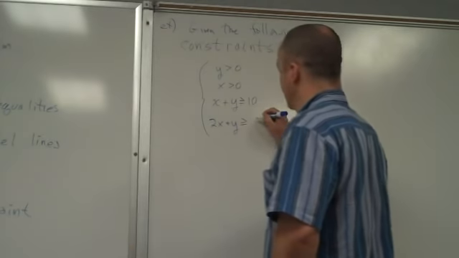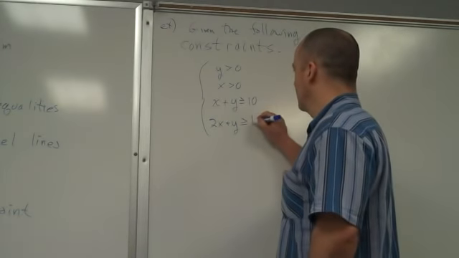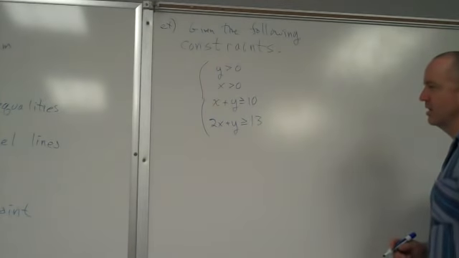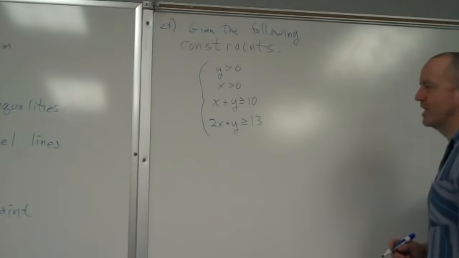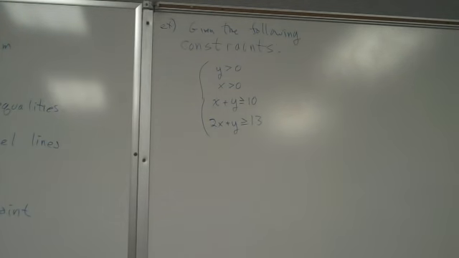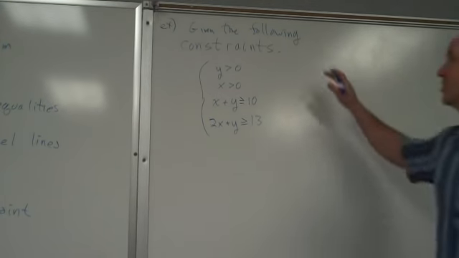Two x plus y is less than or equal to 13. I'm making this one up, which is always dangerous. So give me a second to make sure they're going to work the way I want. Yes, that one will work the way I want it to. If this blows up, I will definitely grab the next one from the book.